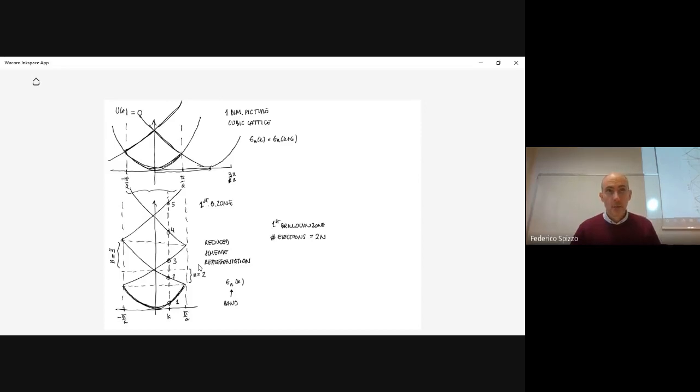N levels means 2N electrons. So this means that the first band is able to host 2N electrons. The second band, other 2N electrons.